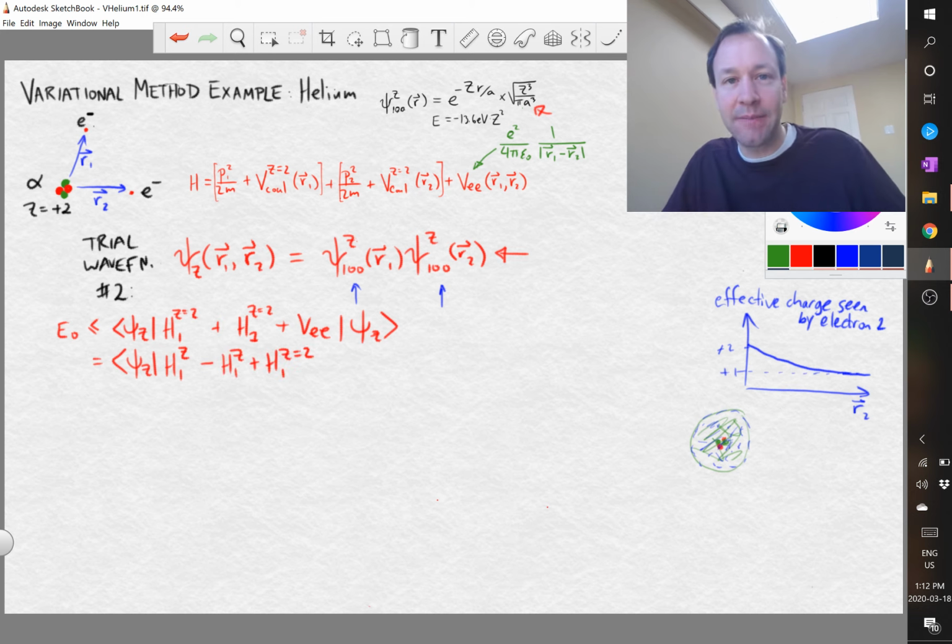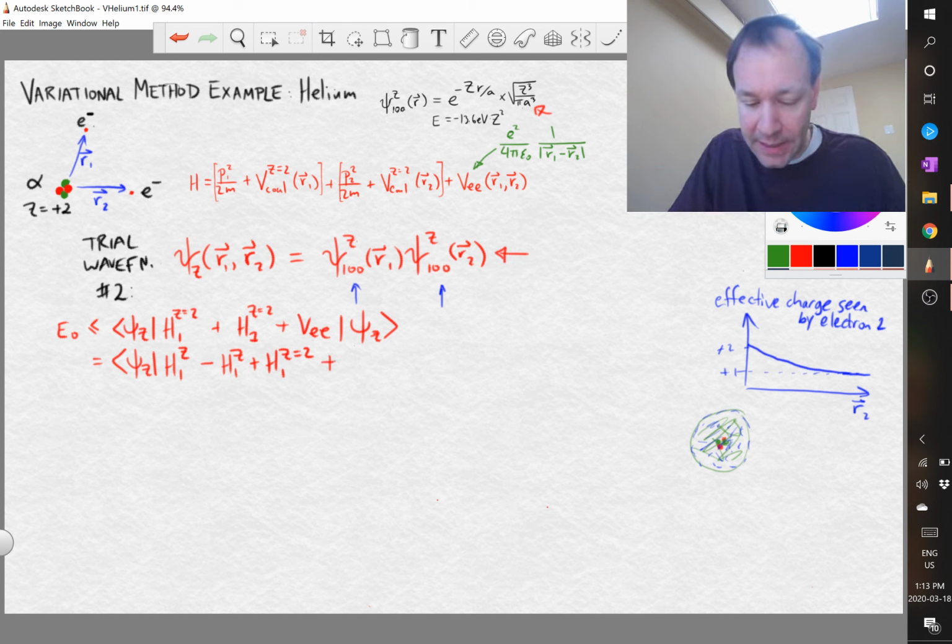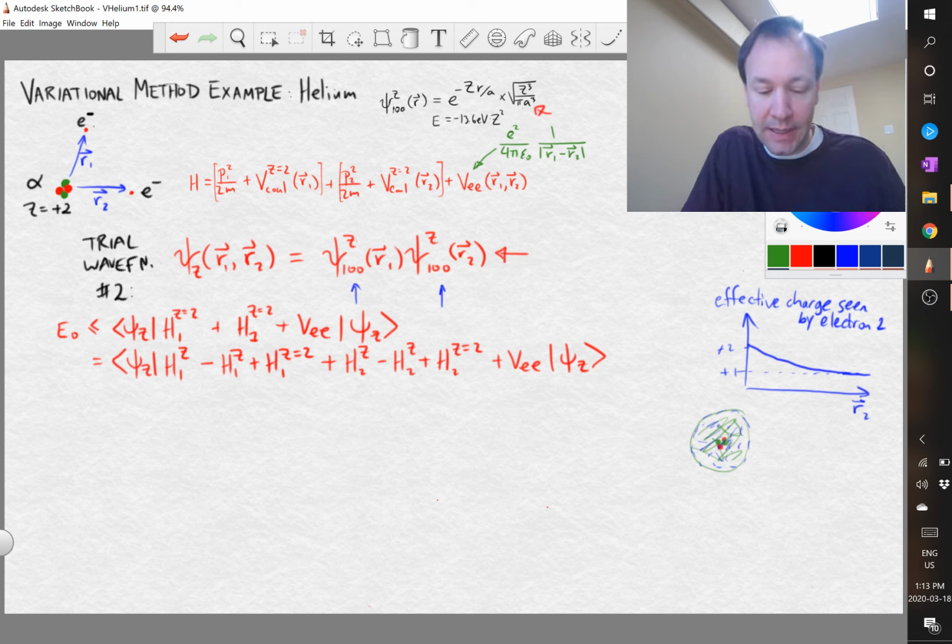So this is just writing H1 with Z equals 2 as that same thing plus H1Z minus H1Z. It'll be clear in a minute why we're doing that. Let me write the same for H2: H2Z, minus H2Z, plus H2 with Z equals 2, plus VEE, and then psi Z.